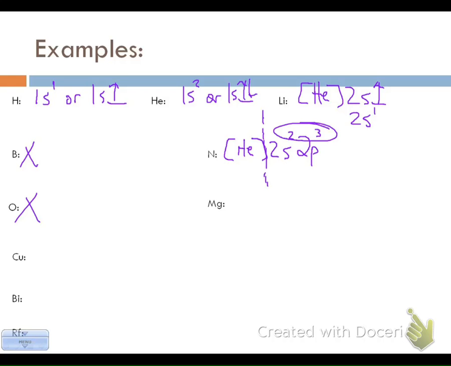Magnesium is on row 3, so row 3 means rows 1 and 2 are complete, so that would be neon. Neon represents 10 electrons, so then for magnesium we would start on row 3, 3s, and there are just 2. So that shortens things up quite a bit.